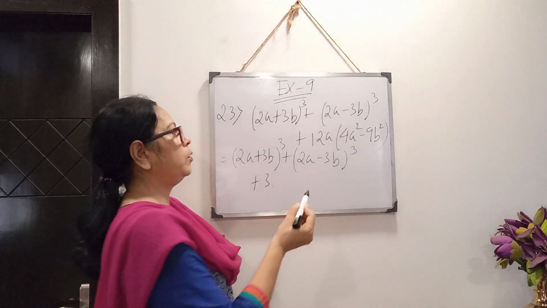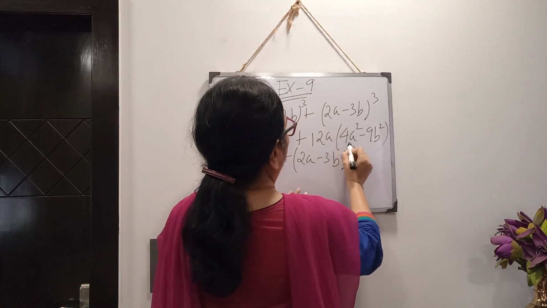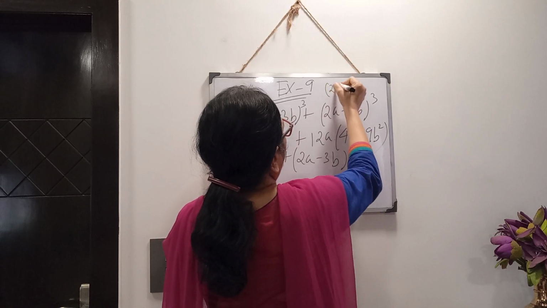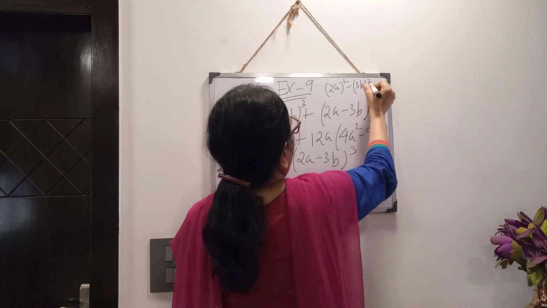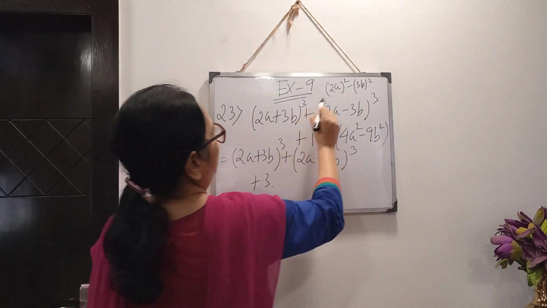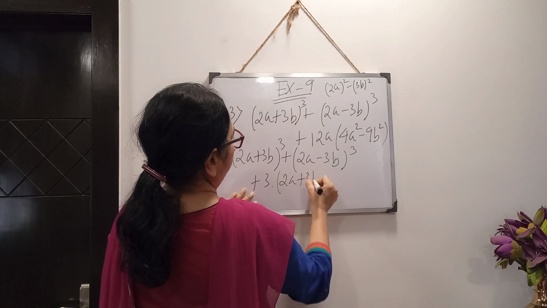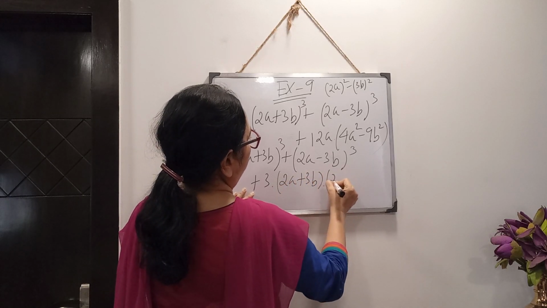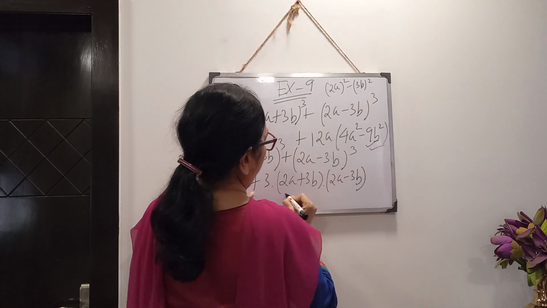From there what you are getting: (2a + 3b)(2a − 3b). It is in the form of 2a² minus 3b². So from the a² minus b² form, we can write (2a + 3b) into (2a − 3b). So from here I have got this.